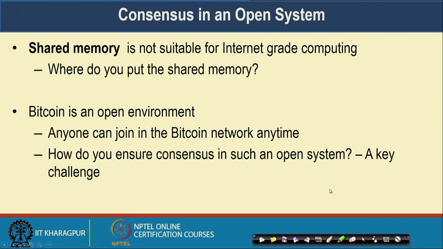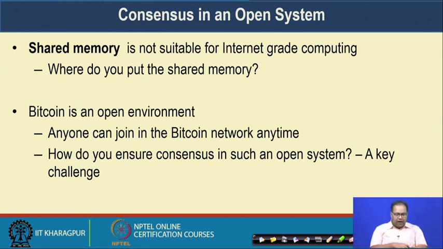Now, in the case of consensus in an open system, we have two broad types of algorithms. Shared memory is one architecture that people have explored, but the shared memory architecture is not suitable for internet grade computing, because you need to put in a memory which should be readable and writable by every individual node in the network.